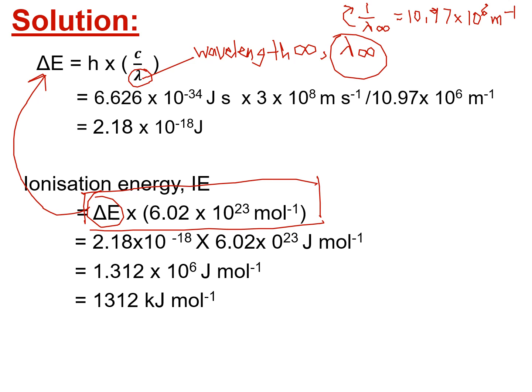So lambda goes here and 10.97 there. If you take 1 divided by 10.97 times 10 to the power of 6, you will get the answer in meters. So you will get the wavelength of the converging limit.